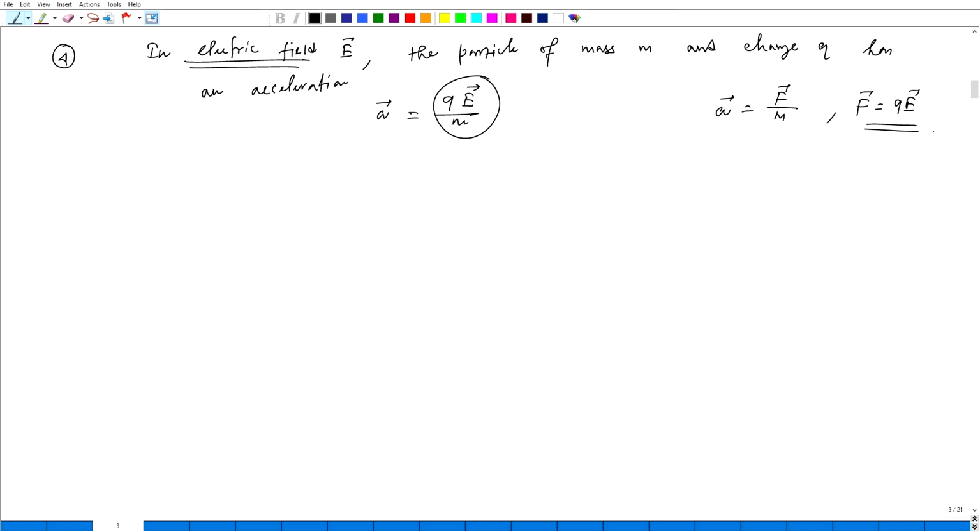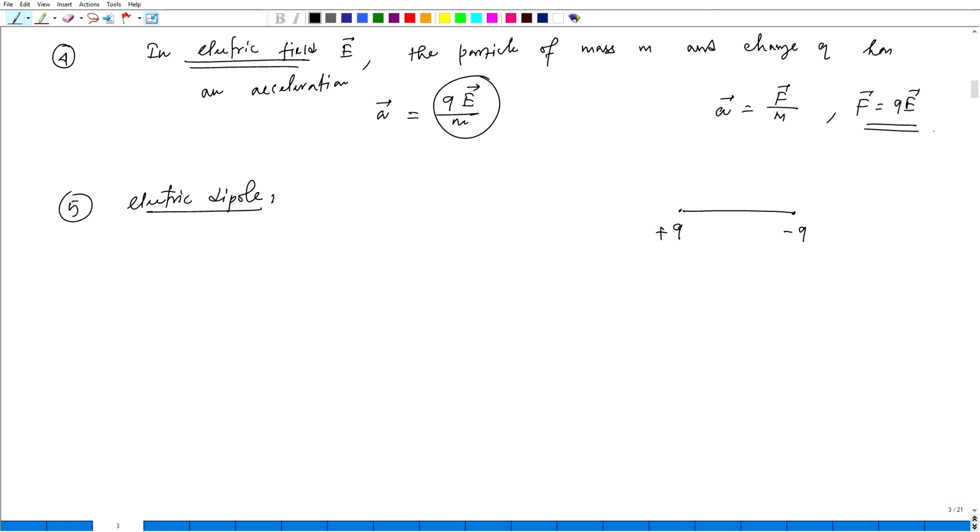Then we will discuss the electric dipole. This electric dipole basically consists of two equal and opposite charges. So remember, when you consider a dipole, the two charges must have the same amount, plus q and minus q. The signs are opposite, but the charge amount is the same.